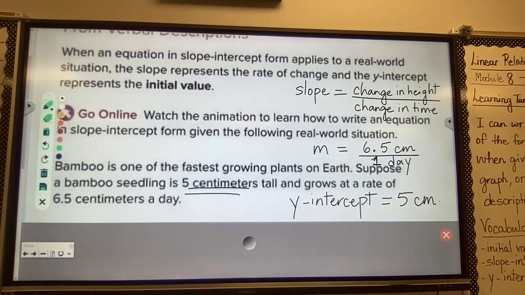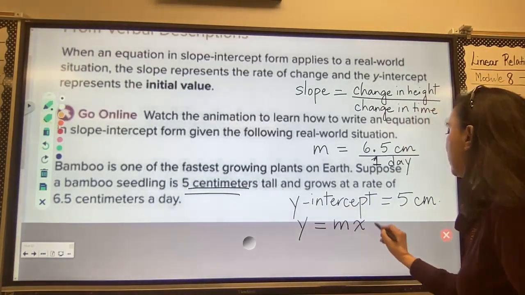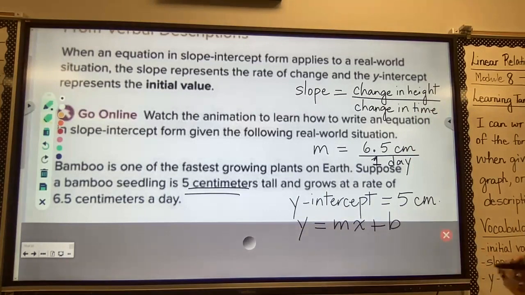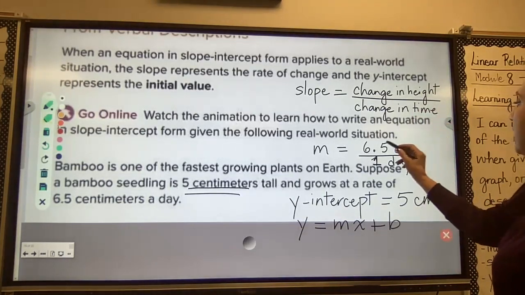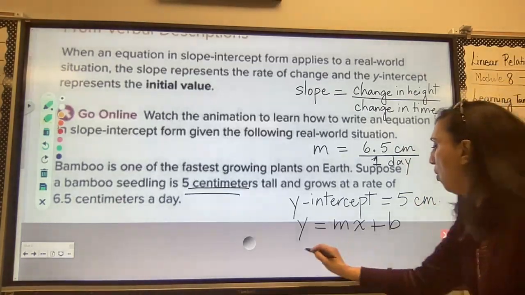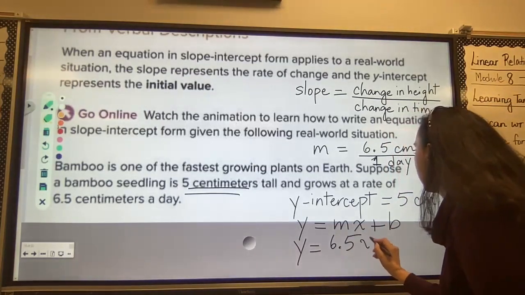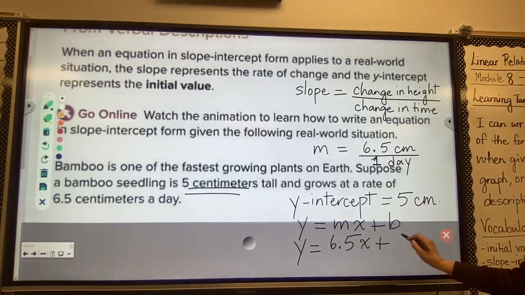And so now I'm going to write the equation in the slope-intercept form where I put y is equal to mx plus b. And I now substitute the values, and 6 and 5/10 over 1 is 6 and 5/10. So y is equal to 6 and 5/10 x plus b is 5. So here is my equation written out.